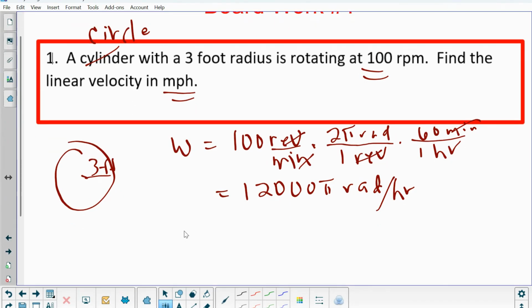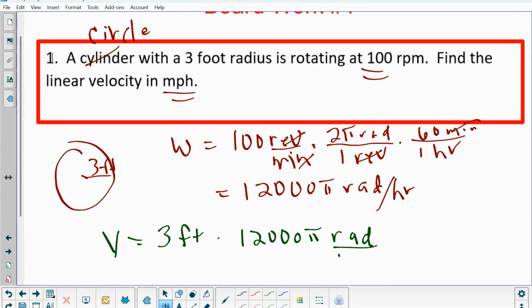So that's the angular velocity. To get the linear velocity, remember, you take the radius, which is 3 feet, and multiply by the angular velocity. This is radians per hour. All right, well, I don't want feet. I want miles.